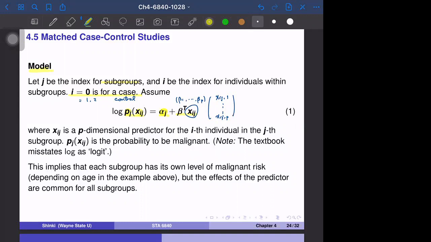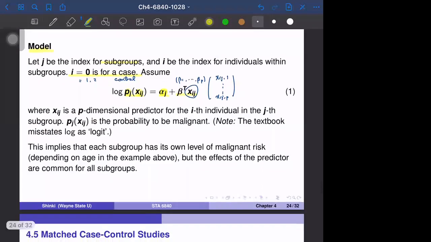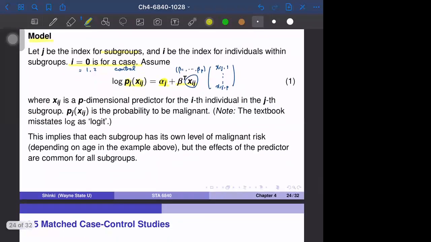Alpha_j represents the characteristic of the subgroups. For example, with higher age we have a higher occurrence of the disease, so alpha_j is higher for higher age groups. But beta does not depend on j.